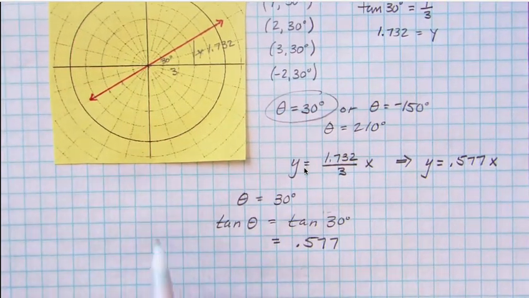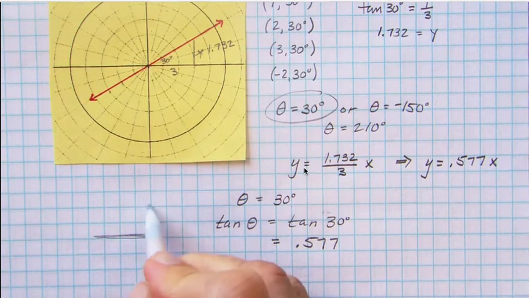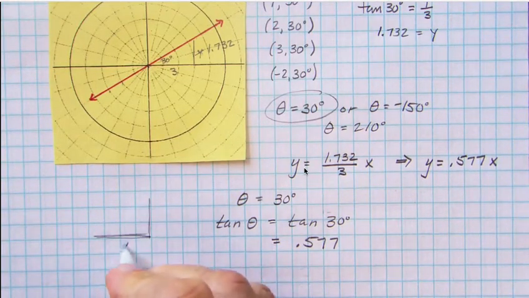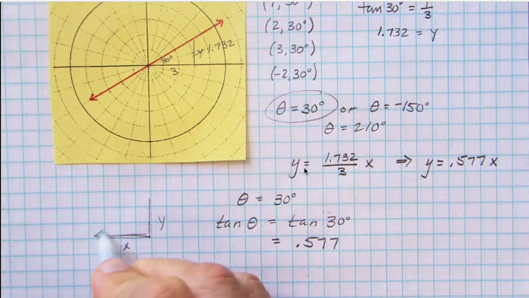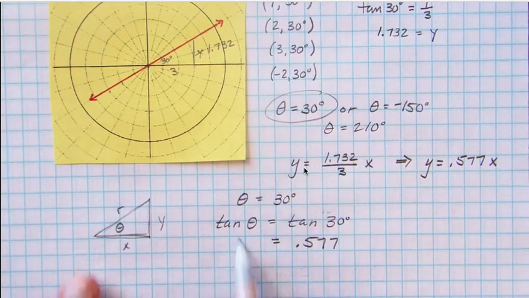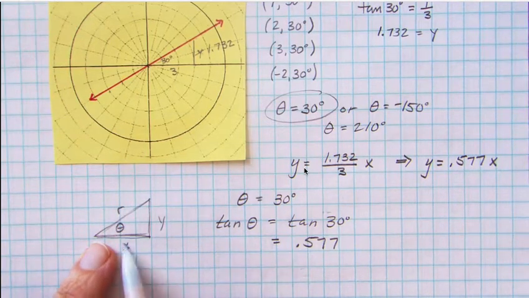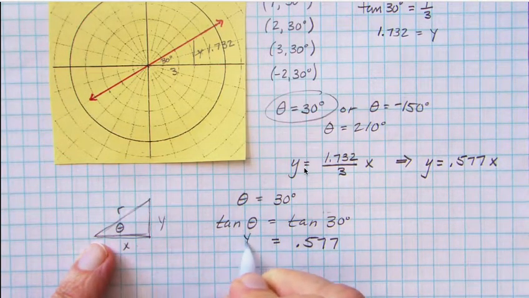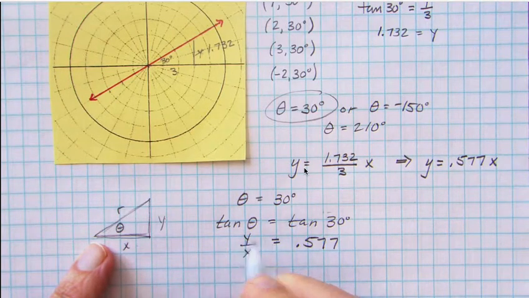Well, again, let's go back and think about the relationship between Cartesian values, x and y, and polar values, r and theta. Okay? Tangent of theta is simply y over x. So this is y over x equals 0.577.